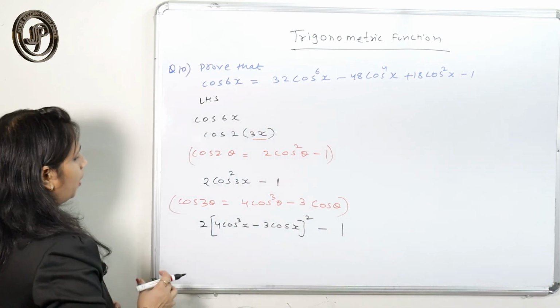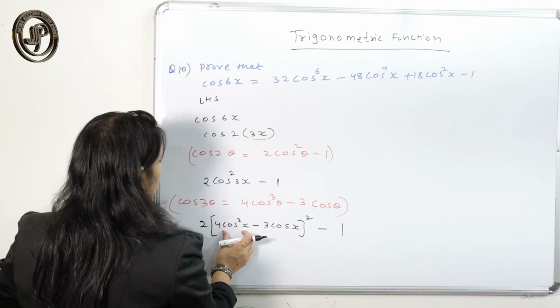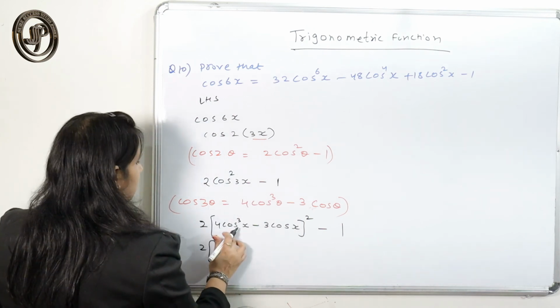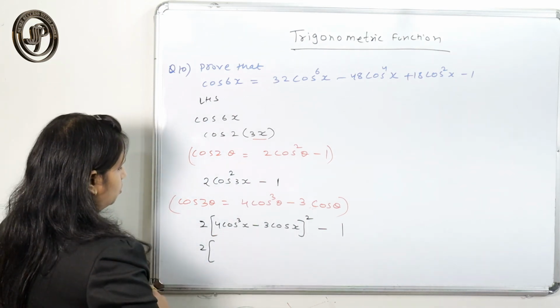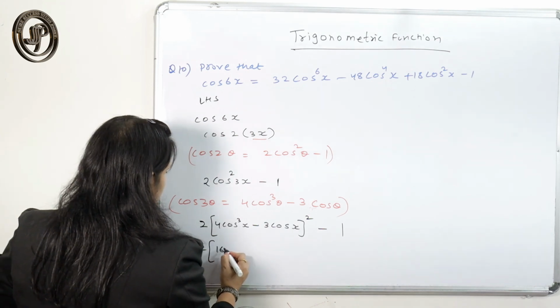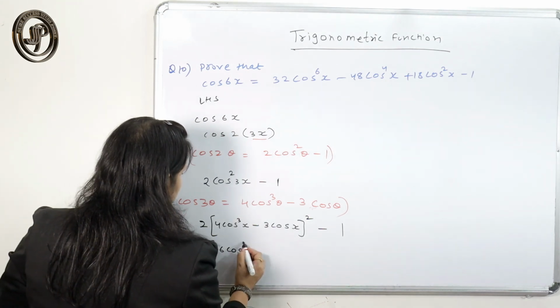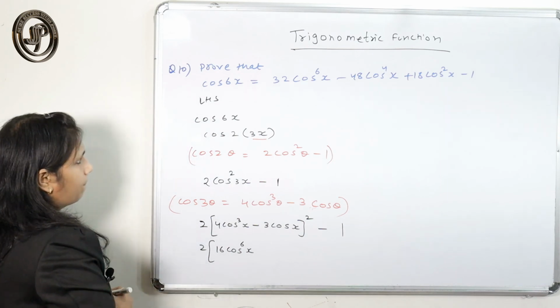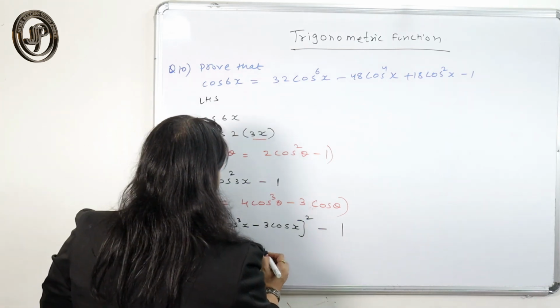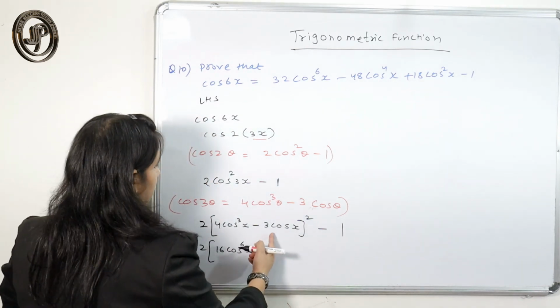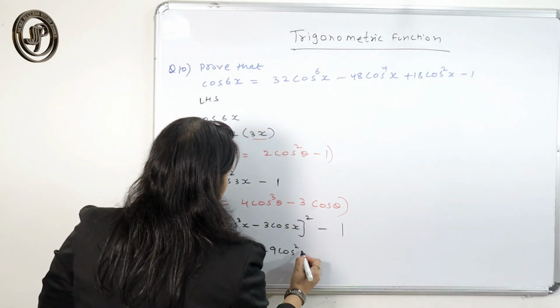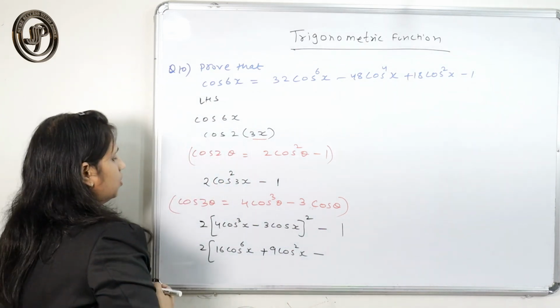Now I need to open it using the identity, a minus b whole square: a square plus b square minus 2ab.